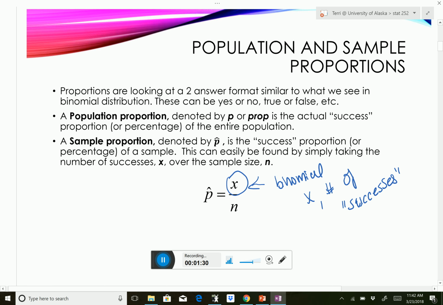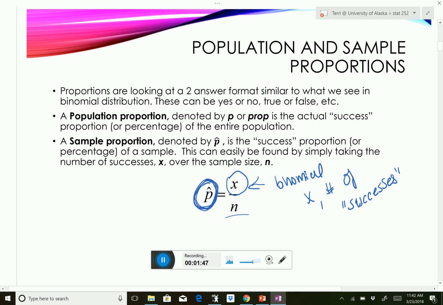And this P hat becomes kind of a scaled binomial because we just divide by n, the sample size. So now we have our P hat, our sample proportion, and this is what we're going to be dealing with.